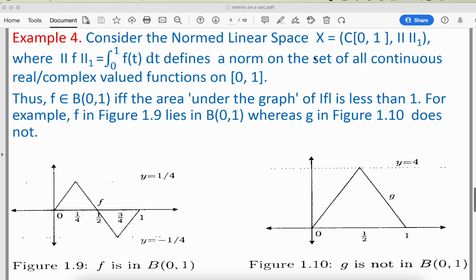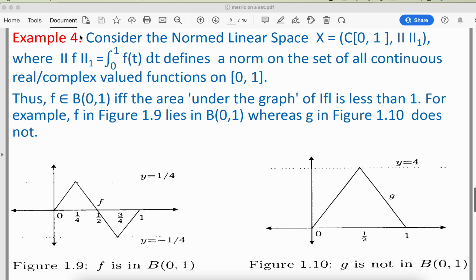Suppose we consider the normed linear space X, which is nothing but the set of all continuous real valued functions defined on [0, 1], with respect to the norm 1, where the norm of f is defined like this. This is the integration from 0 to 1 of |f(t)| with respect to t.